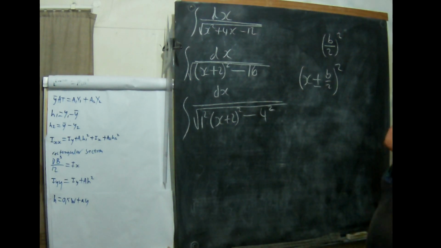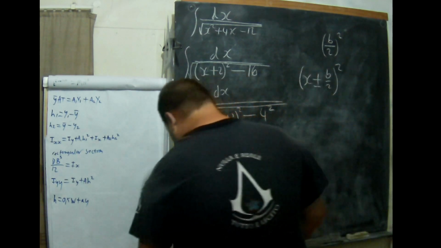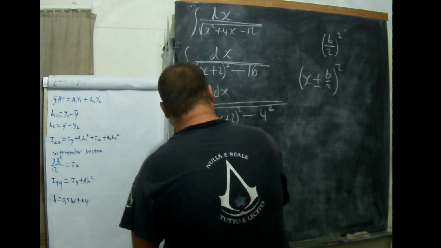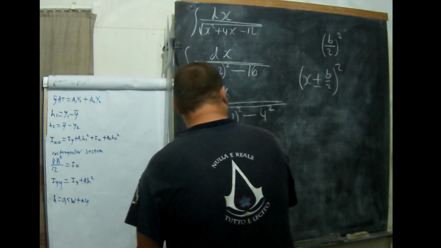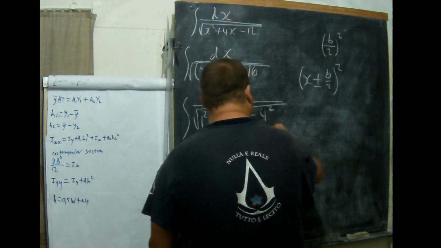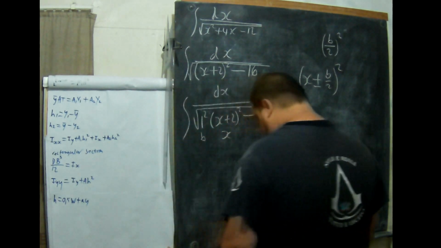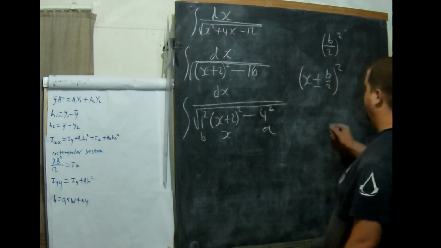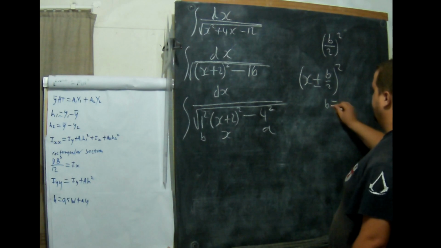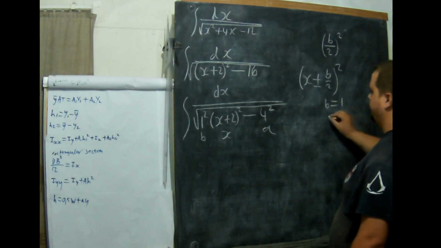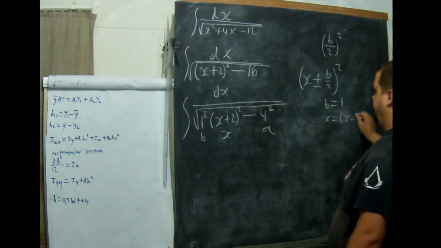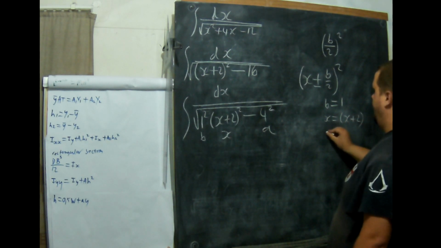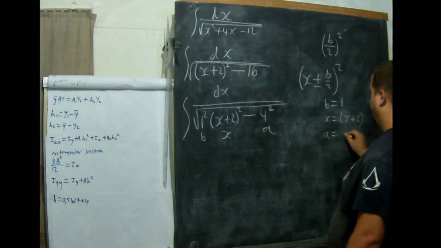Now, this works in this fashion: 1 is b, then you have x, then you have a. So b is equal to 1, x is equal to x plus 2, and a is equal to 4.